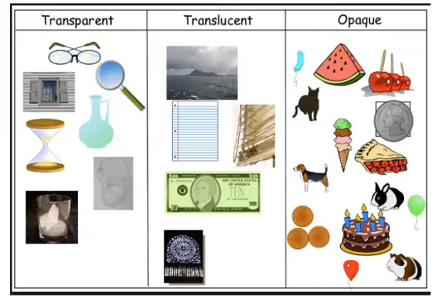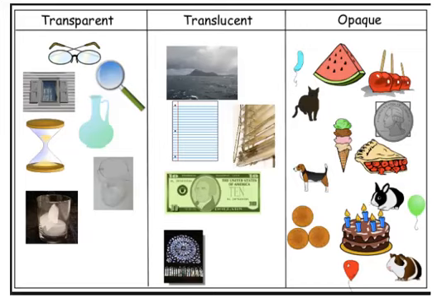As you can see in these pictures, you can see a window, a pair of glasses, a magnifying glass. All of these objects let all of the light through, even the container that may contain water or air.